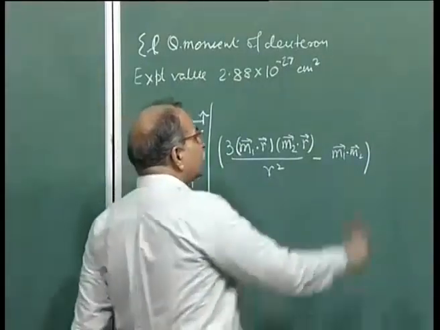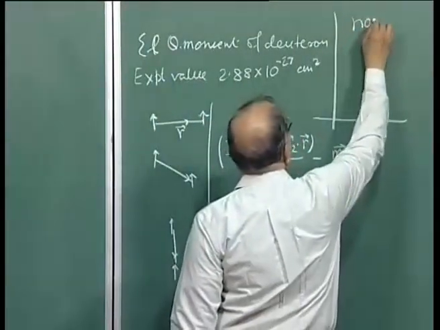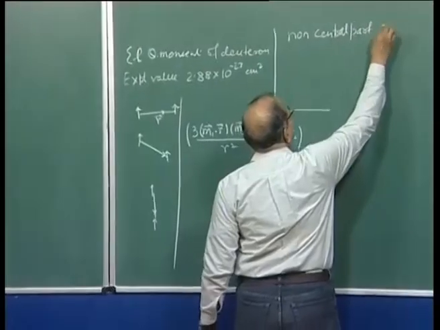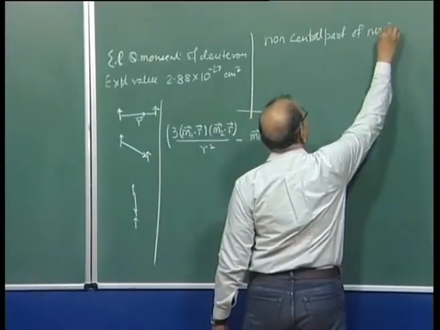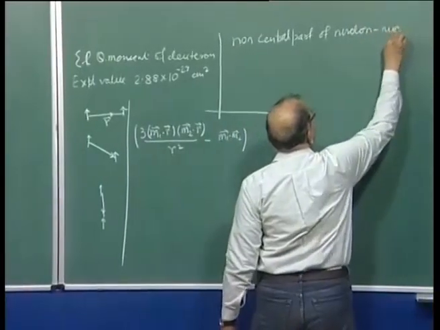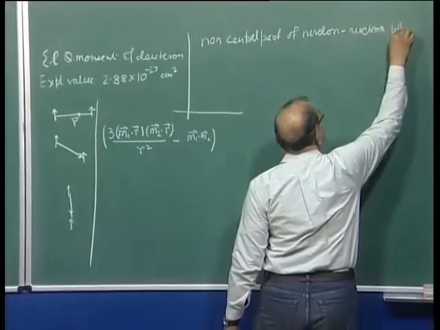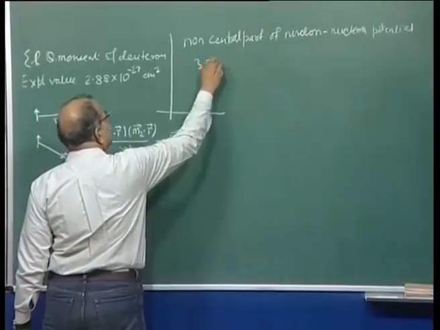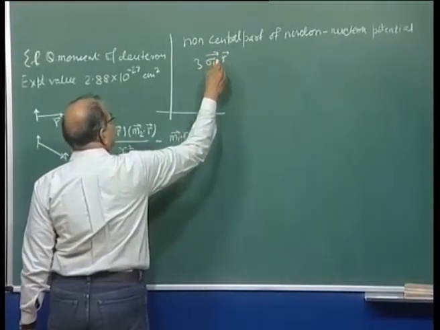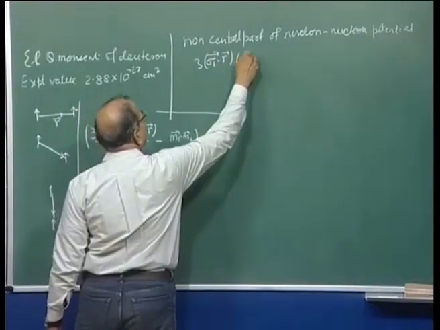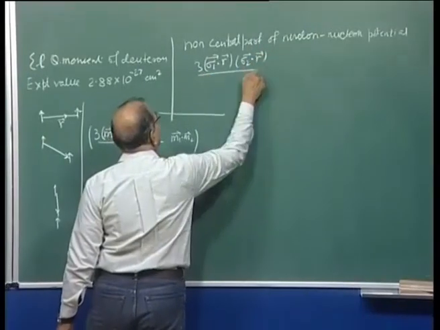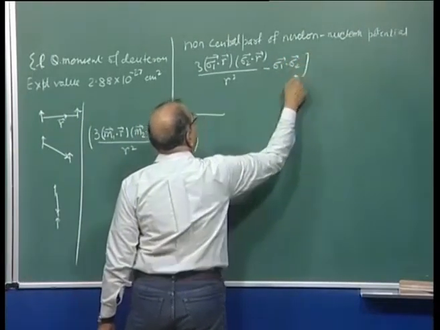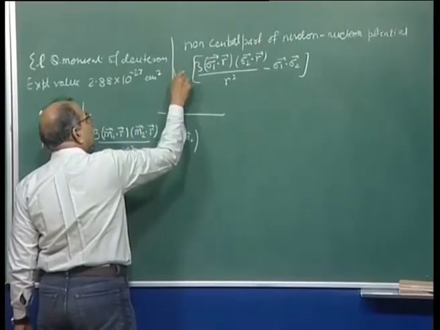So, taking a clue from here, people write the non-central part of the nucleon potential as 3 times sigma 1 dot r, sigma 2 dot r, divided by r square, and minus sigma 1 dot sigma 2, and this whole thing is to be multiplied by some r dependent part.